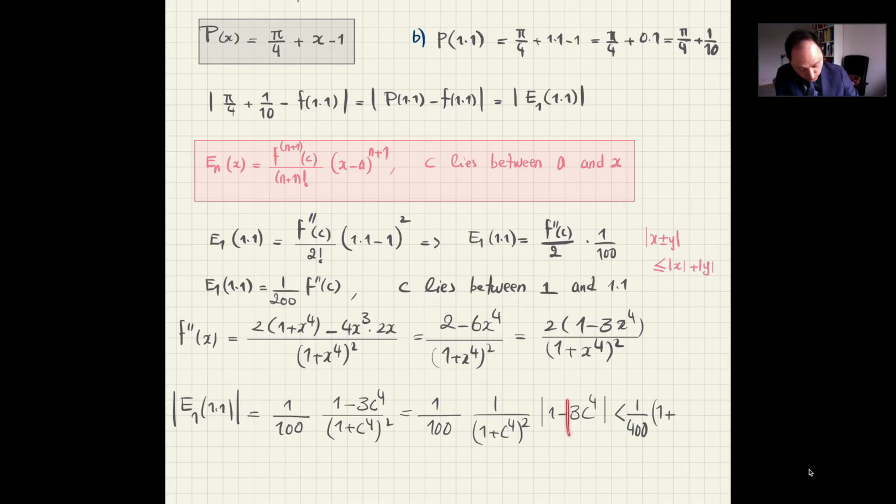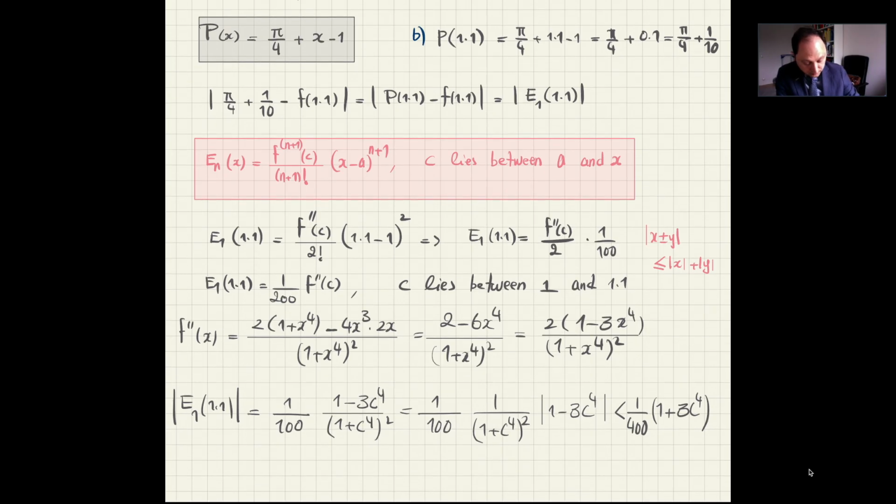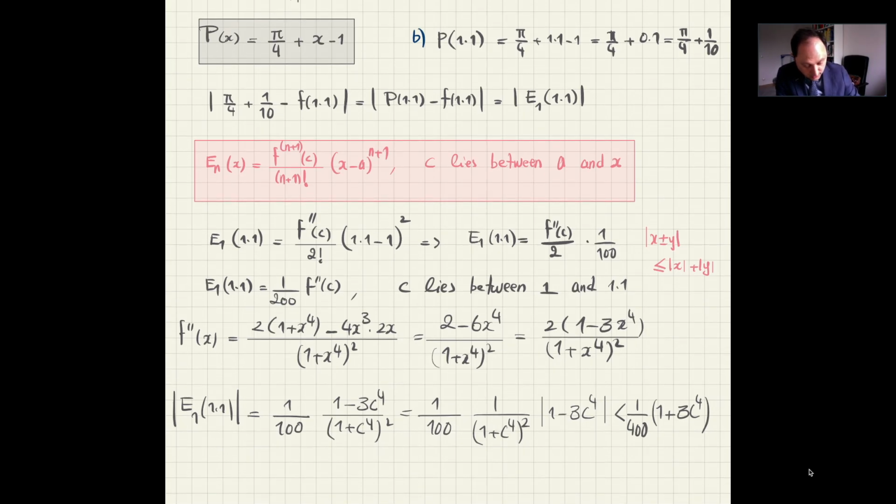But I don't need to put any absolute value here because 3 and c to the 4 are positive. So it becomes 3c to the 4. And then I also know that c is less than 1.1. So this is definitely smaller than 1 over 400 times 1 plus 3 times 1.1 to the power of 4.